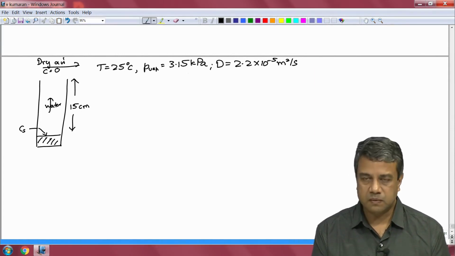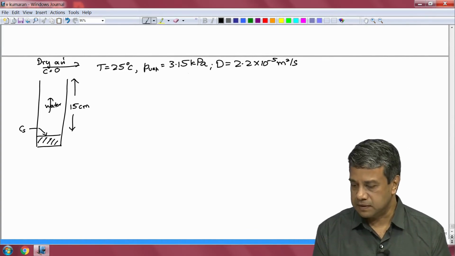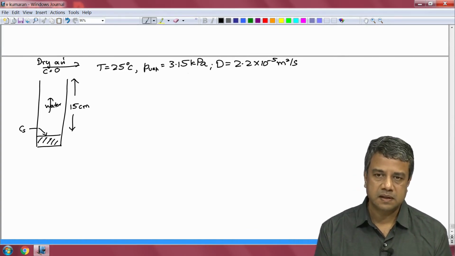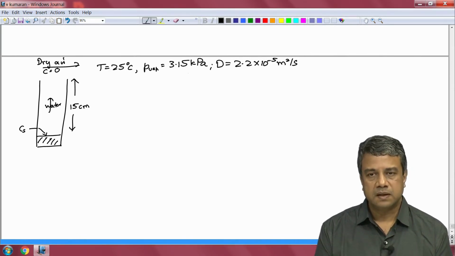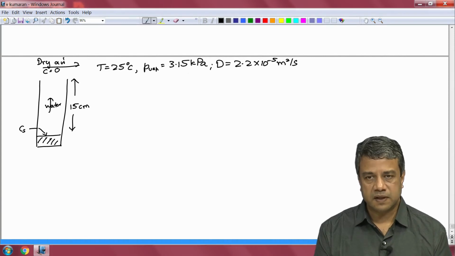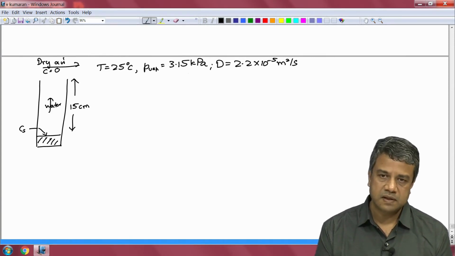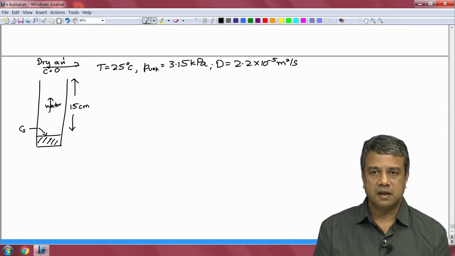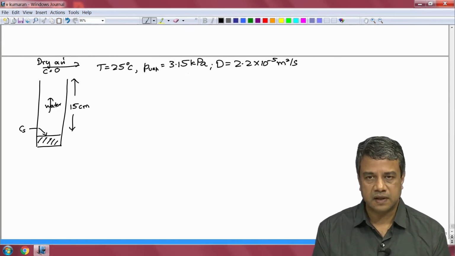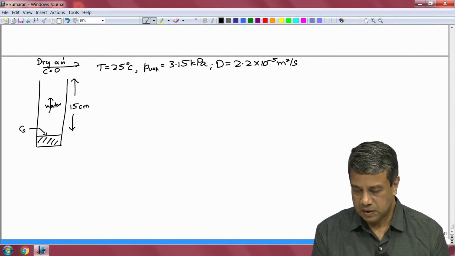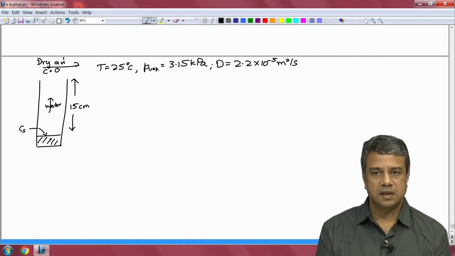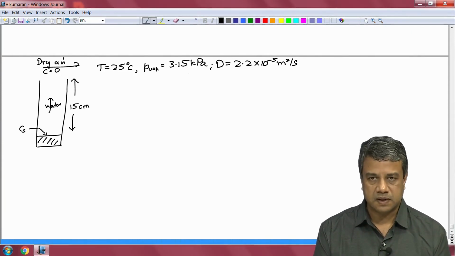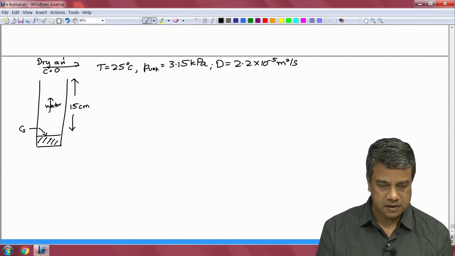However, the volume of the liquid that is evaporating is 1000 times less than the volume of the vapor that is coming out. Therefore, there is a flux of water vapor out which is 1000 times higher than the flux of air that has to come in to compensate for the liquid level decrease. And therefore, we can neglect the flux of air inwards in comparison to the flux of water that is going out. So, that is the first one.